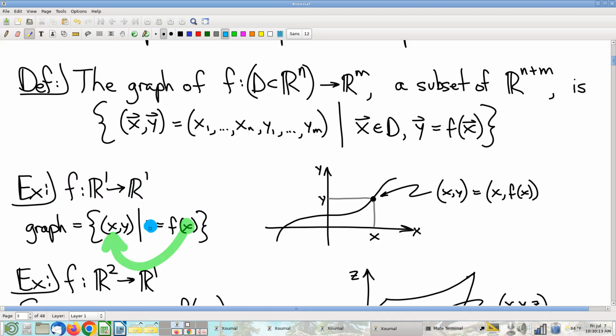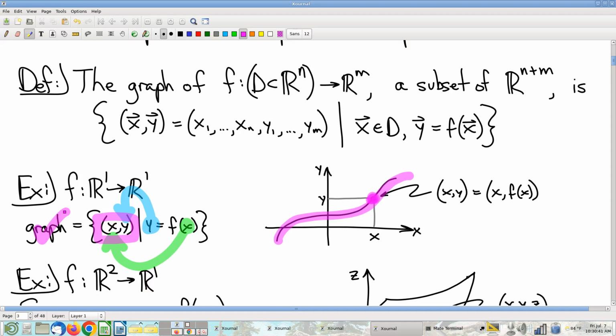You take the output variable, you make that the second coordinate, and then each one of these points, x comma y, you put down a dot in the xy plane. And if you do that for every value of x, compute all the corresponding values of y, generate all these corresponding points x comma y, you get a curve like that, and that is called the graph.